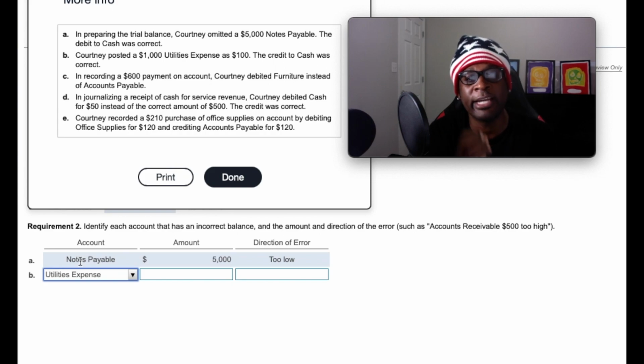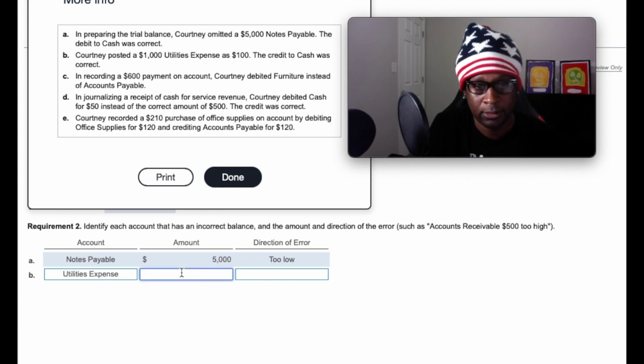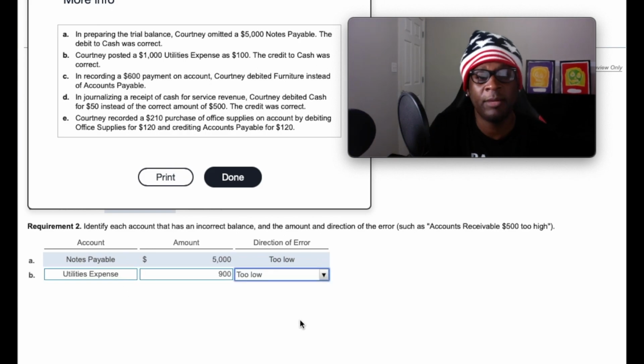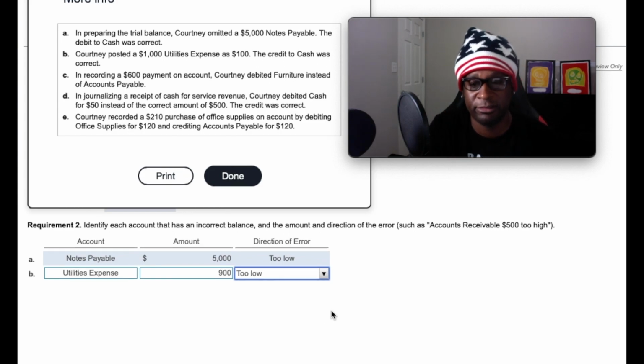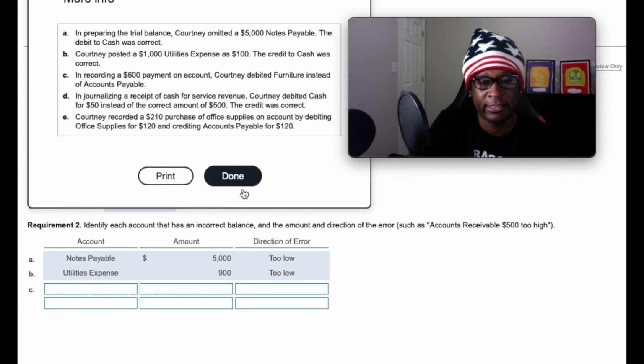Because it was a correct debit, meaning that we were supposed to increase utilities expense, our utilities expense is currently understated by the $100. And because we failed to debit our utilities expense, i.e. increase it, our current balance is too low. Check the answer. Excellent, gang.